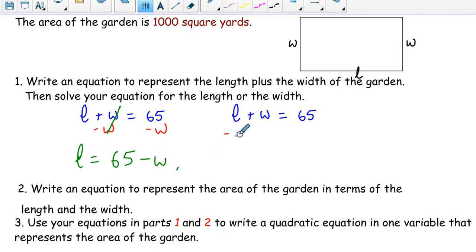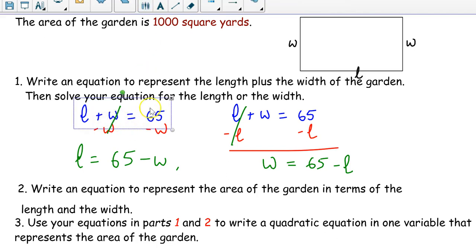Now I'll subtract the length on both sides, take away L, to give W is equal to 65 minus L. So the first equation is length plus width is equal to 65, and on solving you got length is equal to 65 minus W, or the width W is equal to 65 minus L. That fulfills this first part.